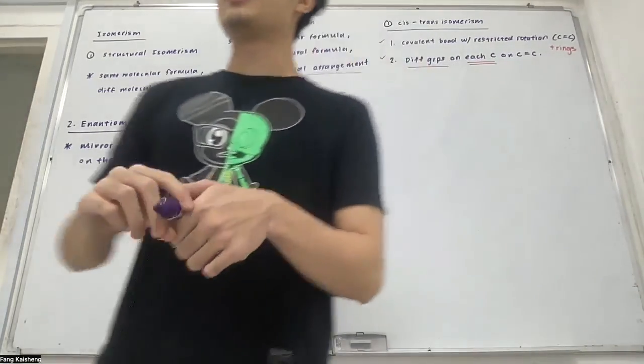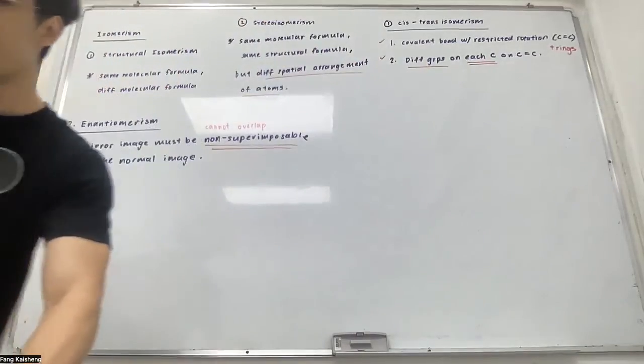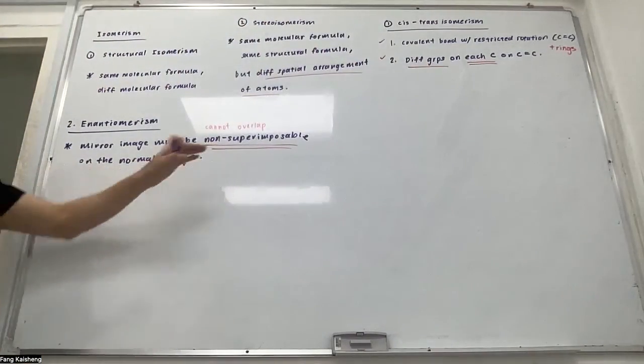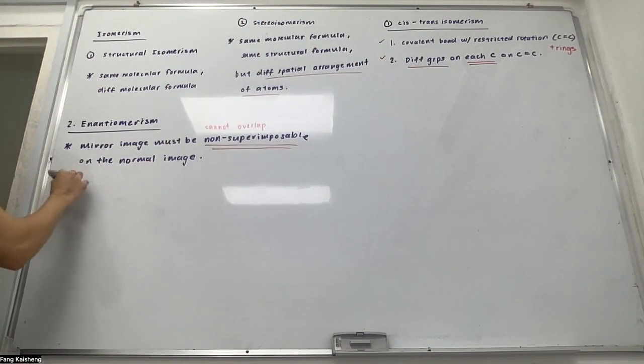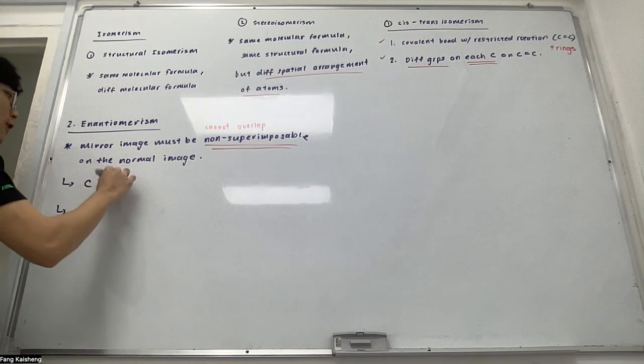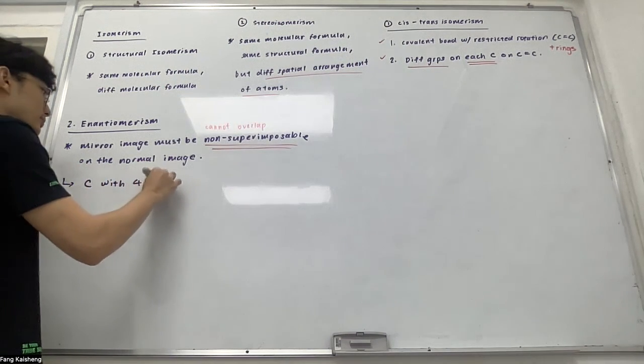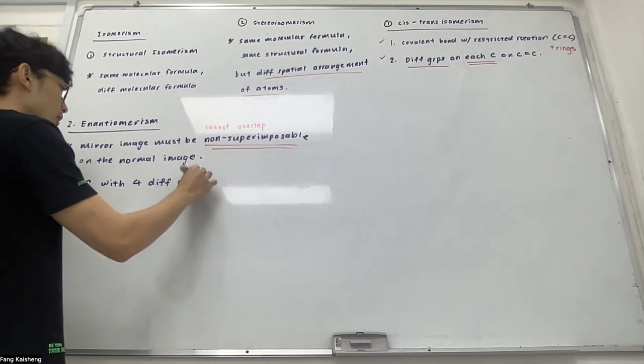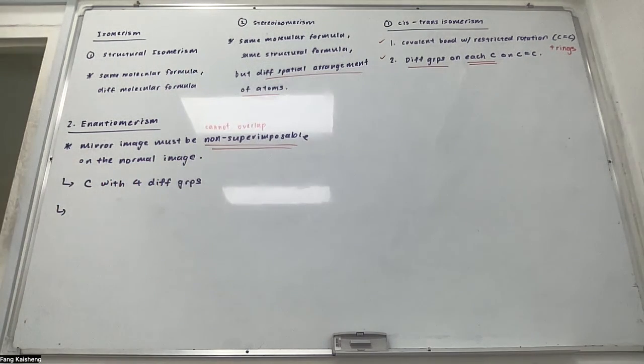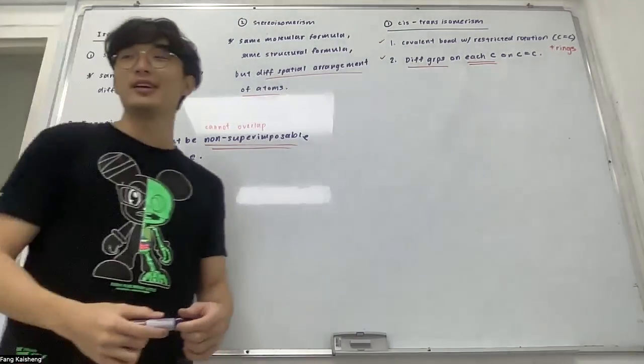Once you understand this part, take a look at page 50. There are two criteria in order to be non-superimposable. Number one, you must have a carbon with 4 different groups. If you have a carbon with 2 same groups, can you foresee the problem?